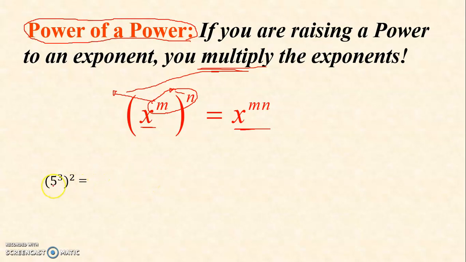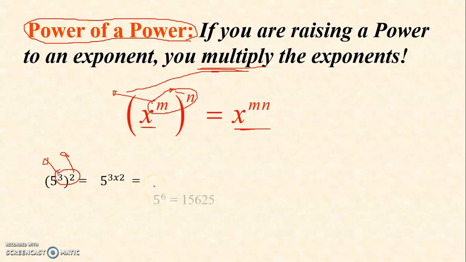We have here (5^3)^2. The exponent here is 3, and it is being raised again by another exponent, which is 2. So, following the rule, we now have 5, and you're going to multiply 3 times 2.